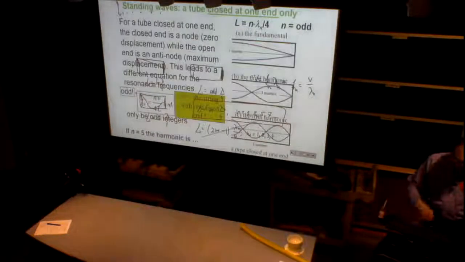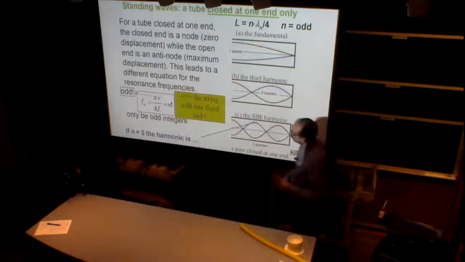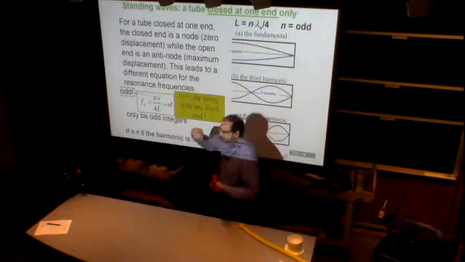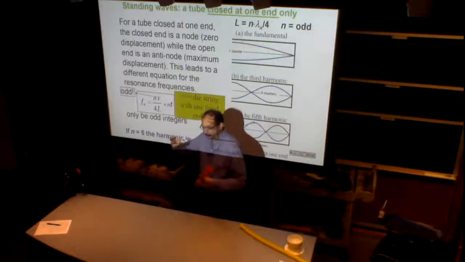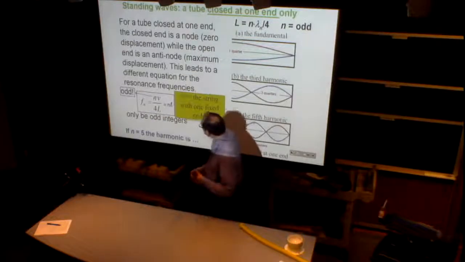And this will give us a set of possible frequencies. The lowest one when n equals 1. The next one, which is not second, but third, when n equals 3. The next one, which is fifth, etc., etc.